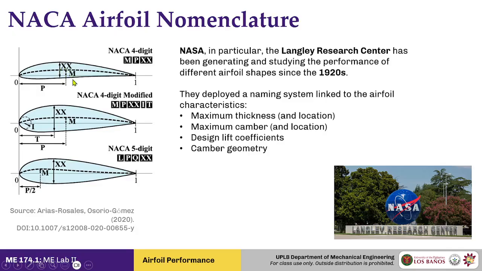Now that 4% maximum camber is located 40% from the leading edge. So 4412 is 4% maximum camber at 40% from the leading edge, and its maximum thickness is 12% of the chord length. It doesn't say where the maximum thickness is, but it is what it is.